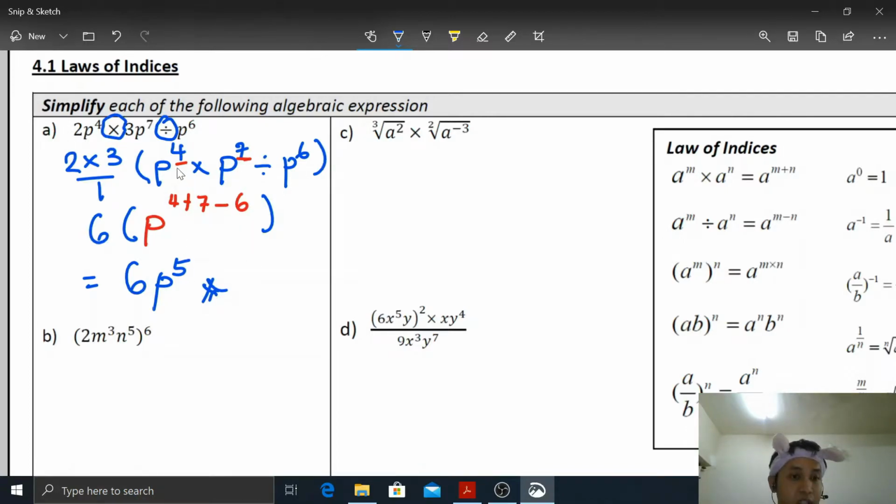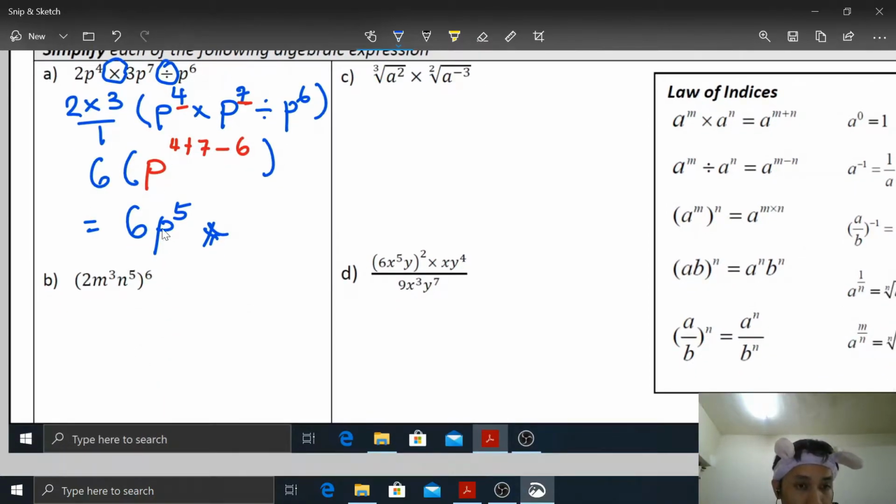For the second type of question, let's look at the bottom here. This one is a bracket, so in other words, you need to take the power and multiply it to every variable inside the bracket, including the number.